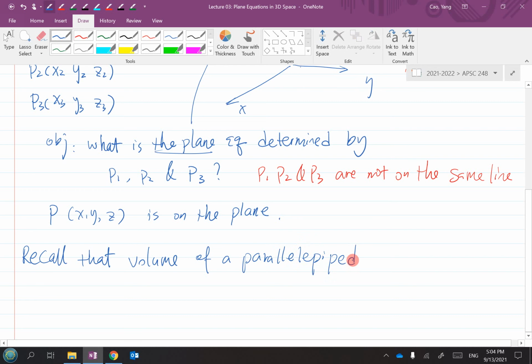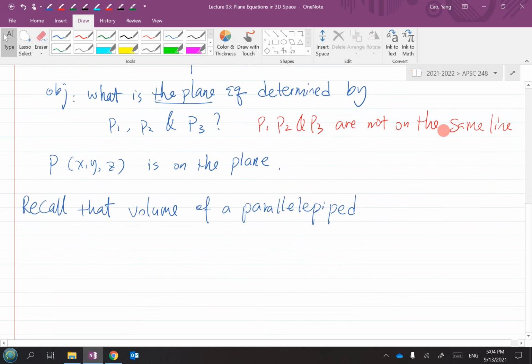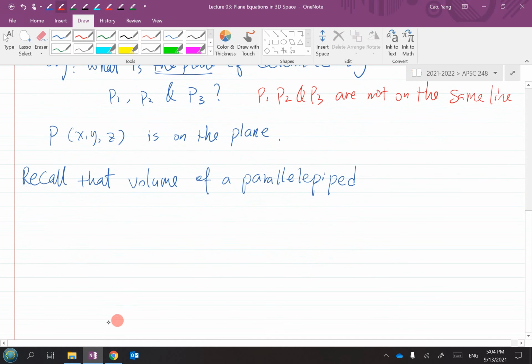Just to quickly illustrate: if you're given 3 vectors, A, B, and C, you can form this object, which we call a parallelepiped.